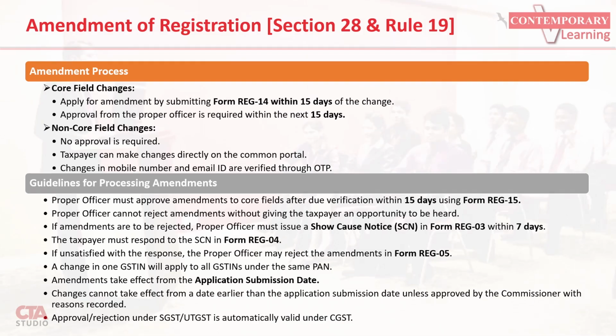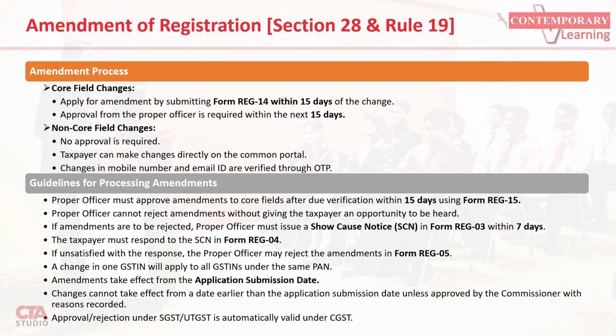If amendments are to be rejected, proper officer must issue a show cause notice, SCN, in form REG-03 within 7 days. The taxpayer must respond to the SCN in form REG-04. If unsatisfied with the response, the proper officer may reject the amendments in form REG-05.